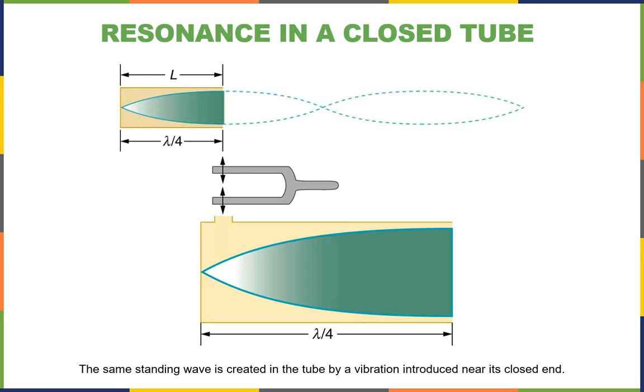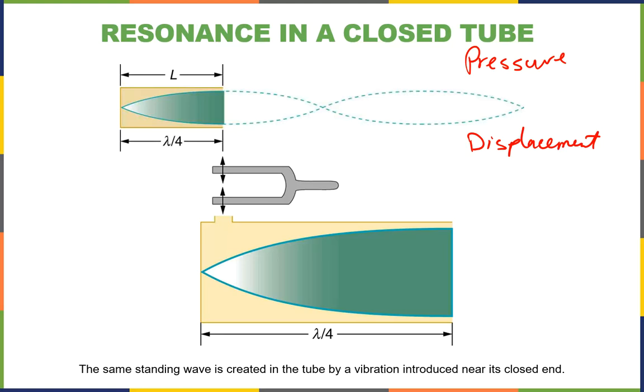So when we talk about sound waves, we either talk about pressure or displacement. Displacement is how much the molecules are removed from their equilibrium position, and pressure, of course, you know what pressure is.